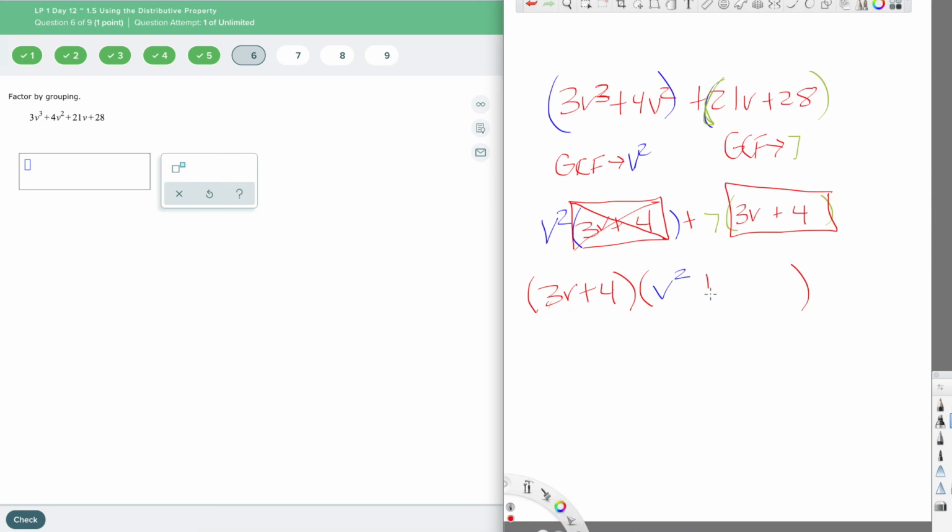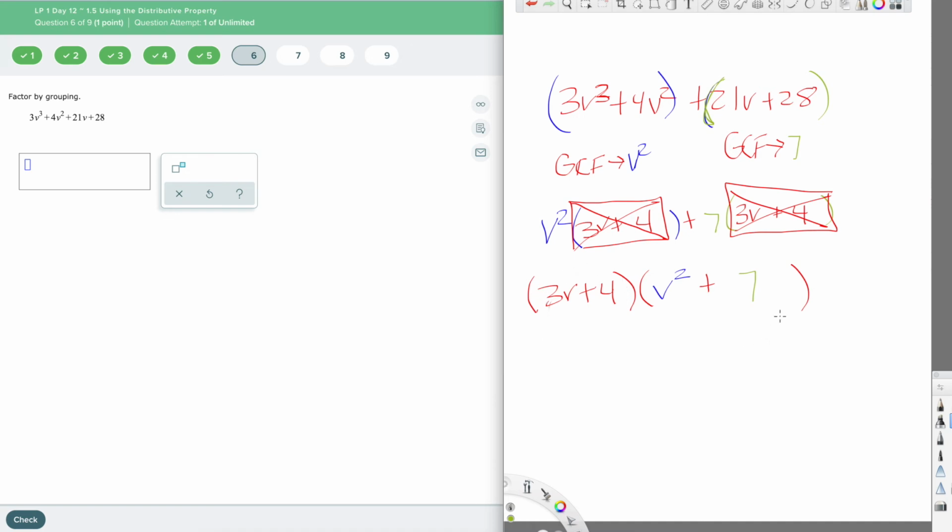Plus, I'm also going to be left with this 7 because I'm going to factor this 3v plus 4 away from this one as well. I'm factoring away from the entire thing. So I know it's a little bit different when we look at it that way because we're kind of looking at it as a bigger piece, and it's this whole binomial that we're factoring out, not just a number or a number and a variable, but the entire thing as a unit together.